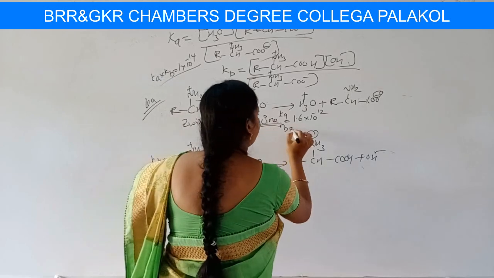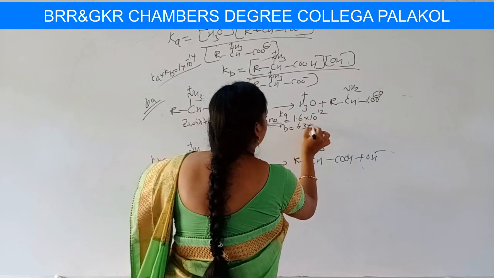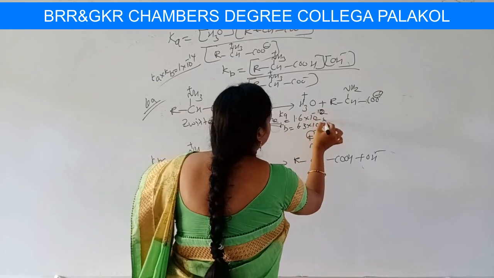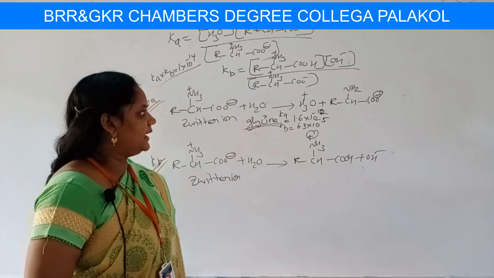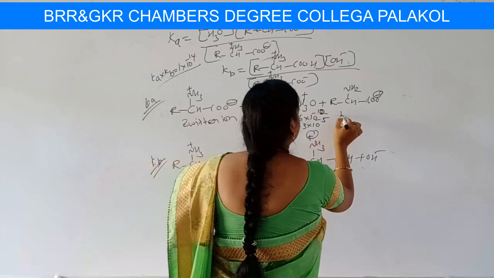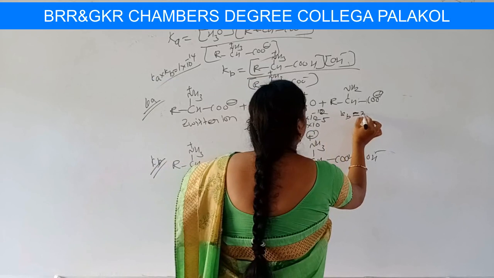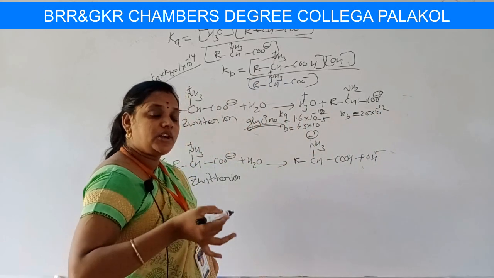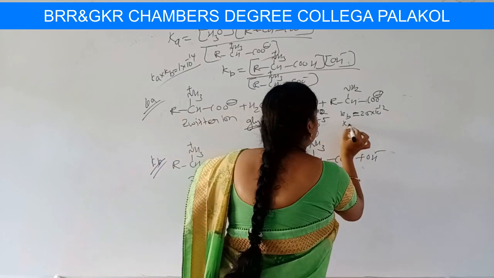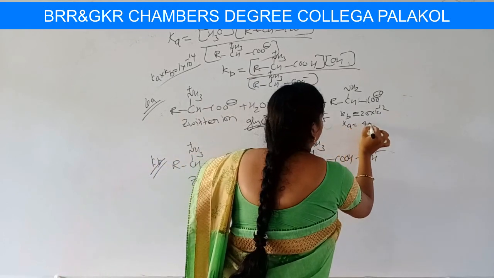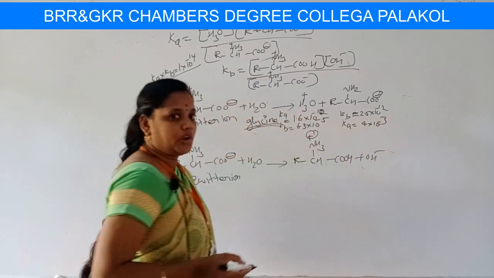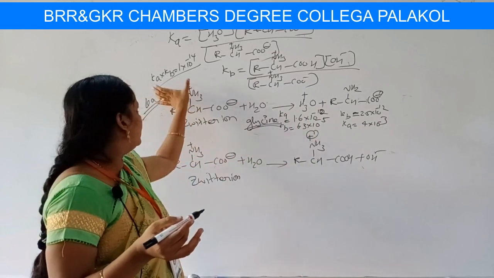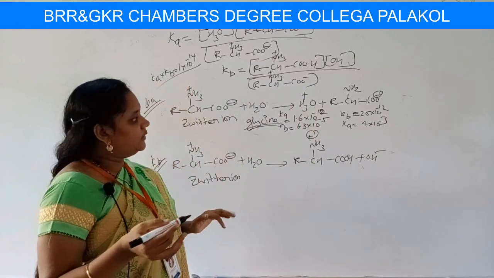Okay, you will get around 6.3 into 10 power minus 10, this is 10 power minus 5, the values are correct. And the basicity constant value is 2.5 into 10 power minus 12, and the acidity constant of a conjugate base is Ka equal to 4 into 10 power minus 3. The product of all these values should be nearly equal to 1 into 10 power minus 14.